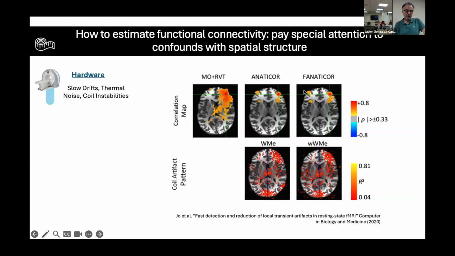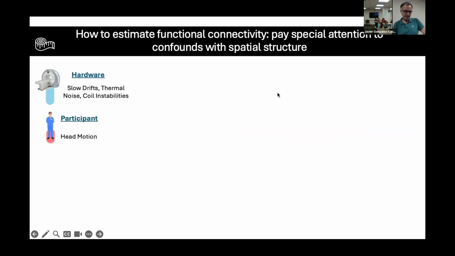There are these methods called anaticor and fast anaticor that use an additional regressor that we don't tend to use in task-based analysis, which is basically the signal in a little set of white matter around each voxel. The idea being that white matter should not contain neuronally related signals, but any little flicker on the coil will affect the region. Therefore, by using a regressor that comes from the local white matter in every place, you get to clean up the data, and then you get a connectivity map that is more like you would expect.